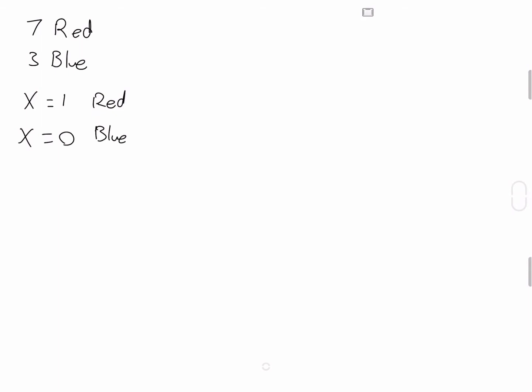If we want to look at what the probabilities of each of these are, then if we look at the probability of x being equal to 1, well, there's 10 pens in total. It's going to be 7 out of 10, which is going to be our value of P. And for blue ones, the probability of x being equal to 0 is going to be the remainder, in this case 3 out of 10.